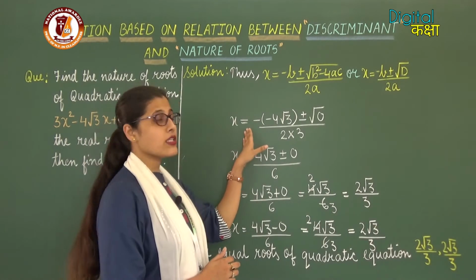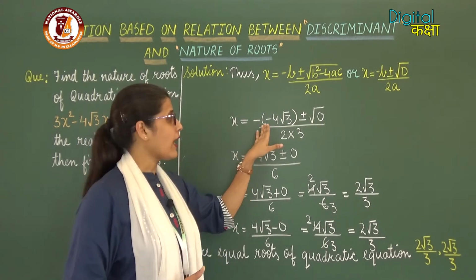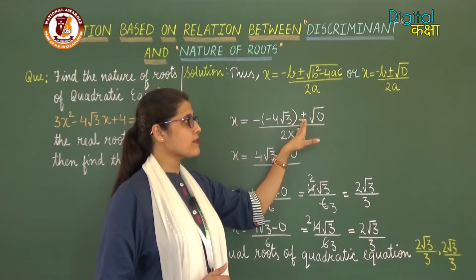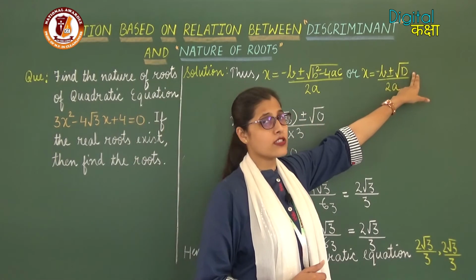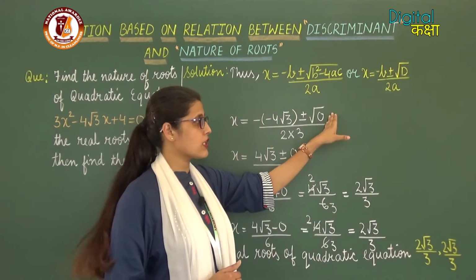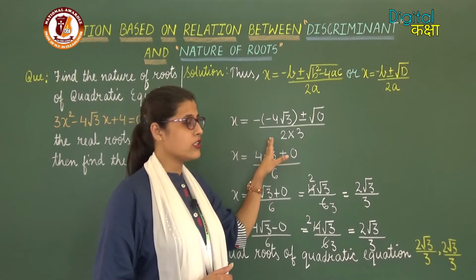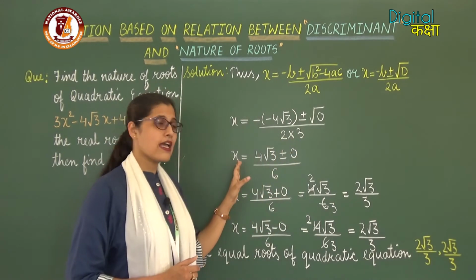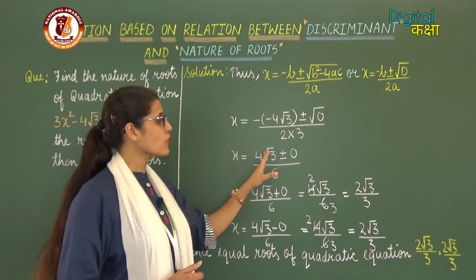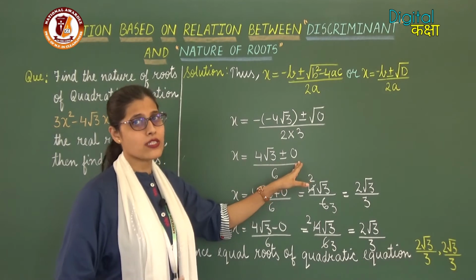So x equals minus, the value of b is minus 4√3, plus minus, I will be directly substituting the discriminant which was equal to 0. That is under the root 0, whole upon 2 into 3. It will be written as x = (4√3 ± √0) / 6, where √0 is equal to 0.